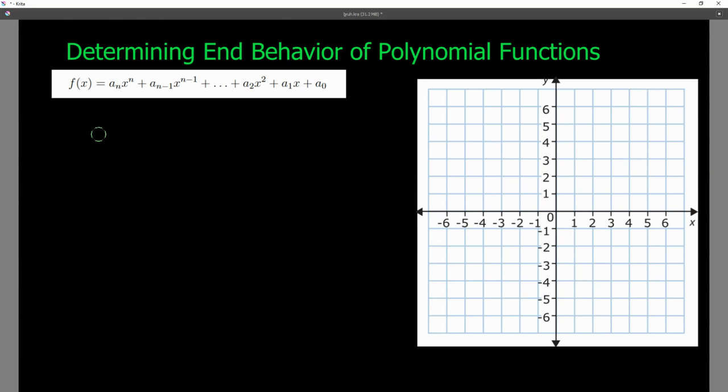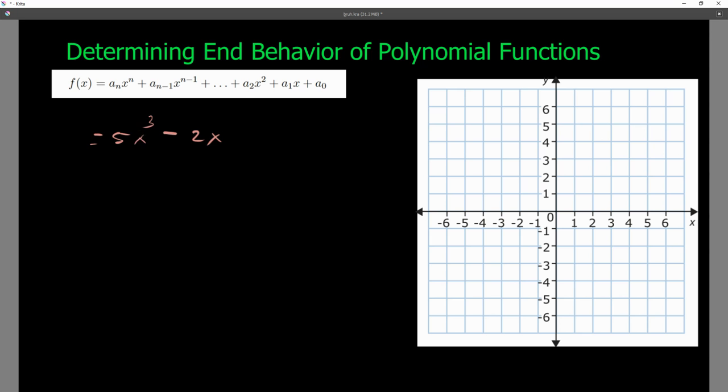The definition of a polynomial function is of this form. You have numbers in front of x, and your x's have exponents. The constraints are that your coefficients have to be real numbers, so they can't be imaginary, and your exponents have to be whole positive numbers. For example, I have 5x to the third power minus 2x.